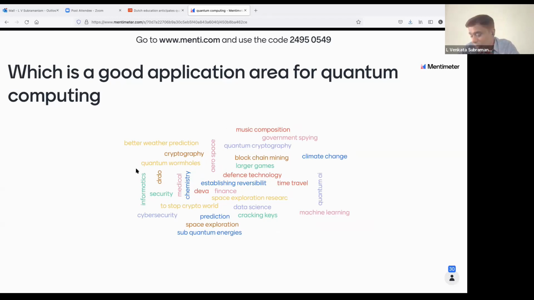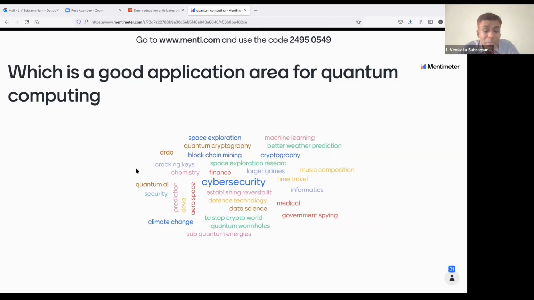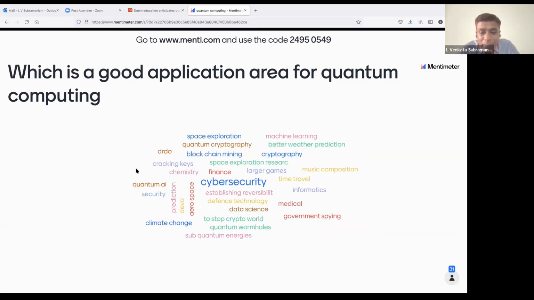Okay, somebody's been watching a lot of science fiction movies, but yes, maybe in future it will all become reality. Aerospace prediction, quantum AI.